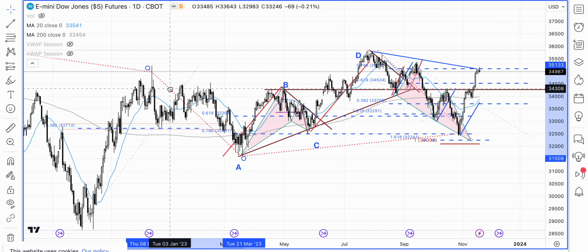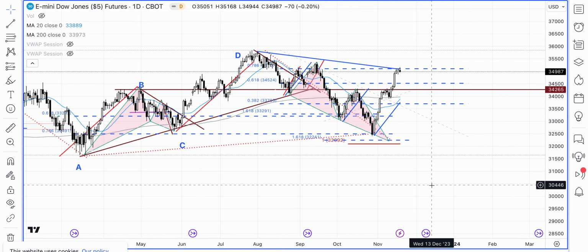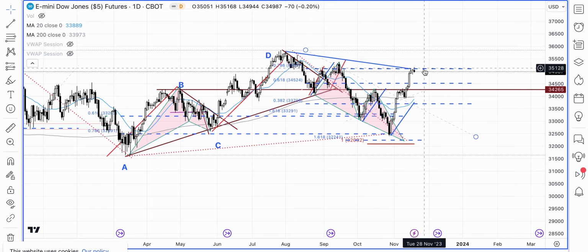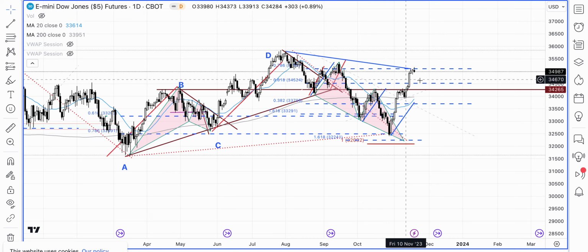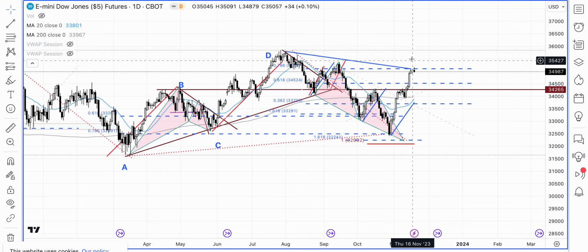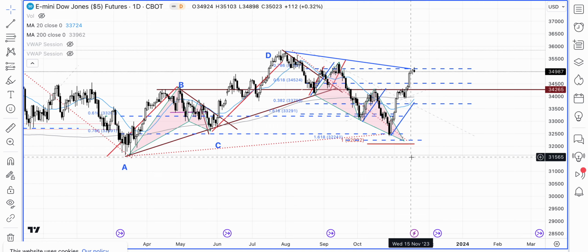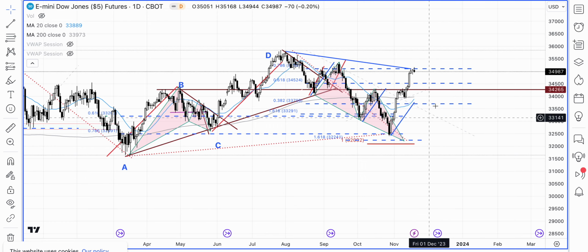And then from that bottom, we have seen a pretty strong move to the upside, an absolutely fantastic move, right into the 78.6% Fibonacci retracement, where the market is finding some sort of resistance, perhaps pulling back right into this juncture where we have the 20-day moving average and 200-day moving average. They're sort of coming together, so the momentum still remains somewhat negative, although there has been a fantastic move in the price to the upside. So maybe some catching up might take place, and we see some pullback.